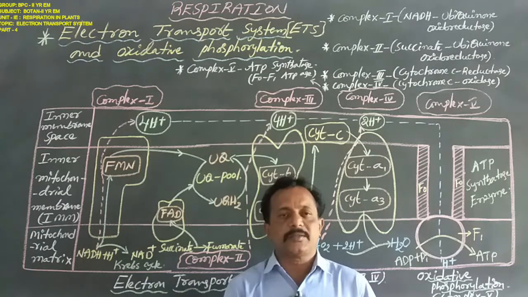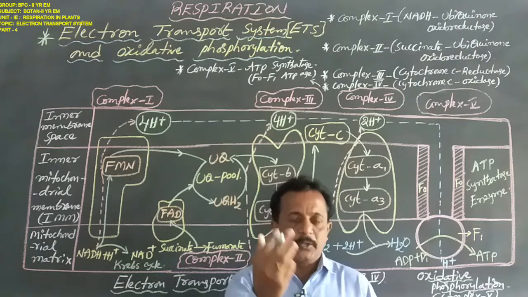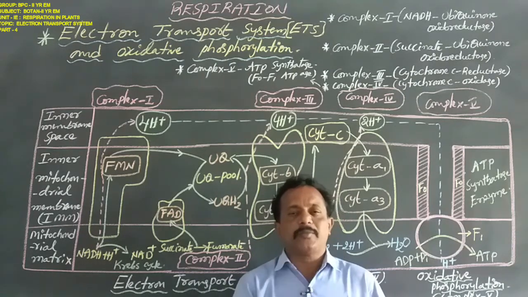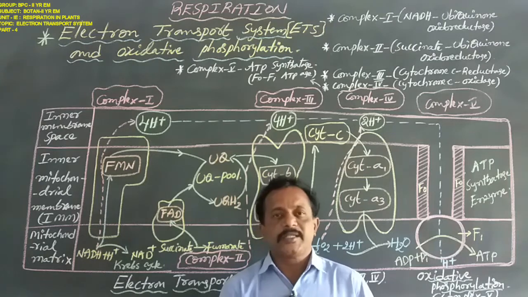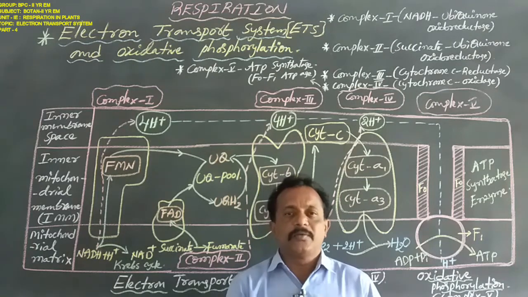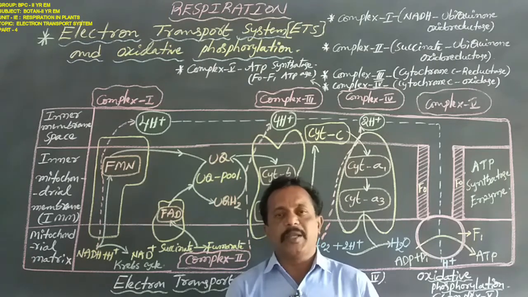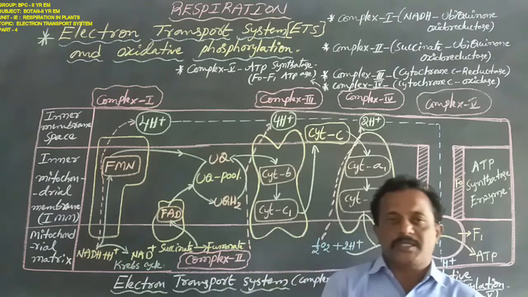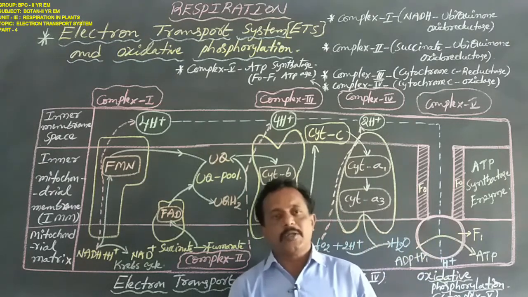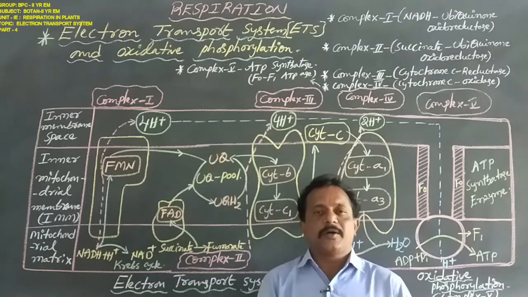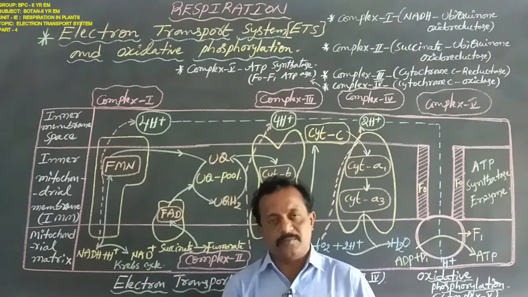These electrons each time release some amount of protons. A single electron forms 2 protons. These protons finally make the synthesis of ATP molecules. This is the common general process.